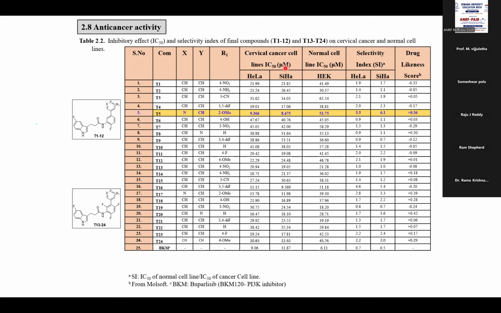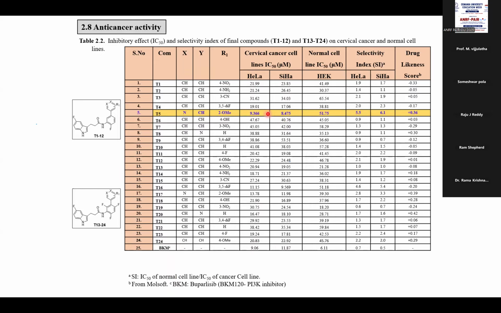And when we checked for the cervical cancer, like HeLa and SIHA, we could see that apart from the buparlisib moiety, which was having 11.87 and 9.6, our molecule T5 was having 9.366 and 8.475 micromolar concentration it was inhibiting.